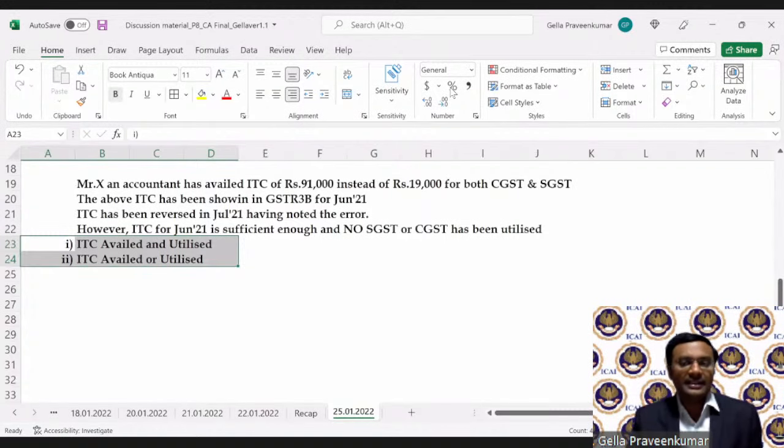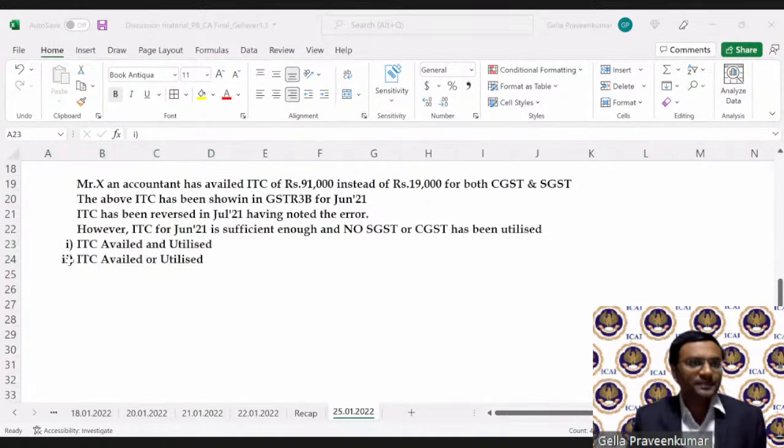Saravanan says statement 2 is applicable. Okay. Others' views, students? Good. Sairam says statement 1. Namita says statement 2. Answer is statement 2. Your statement 1, ITC availed and utilized, is incorrect.